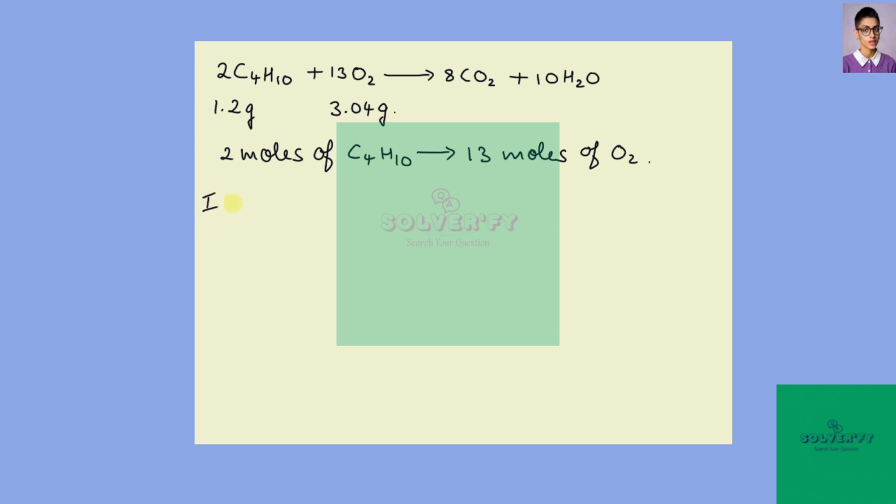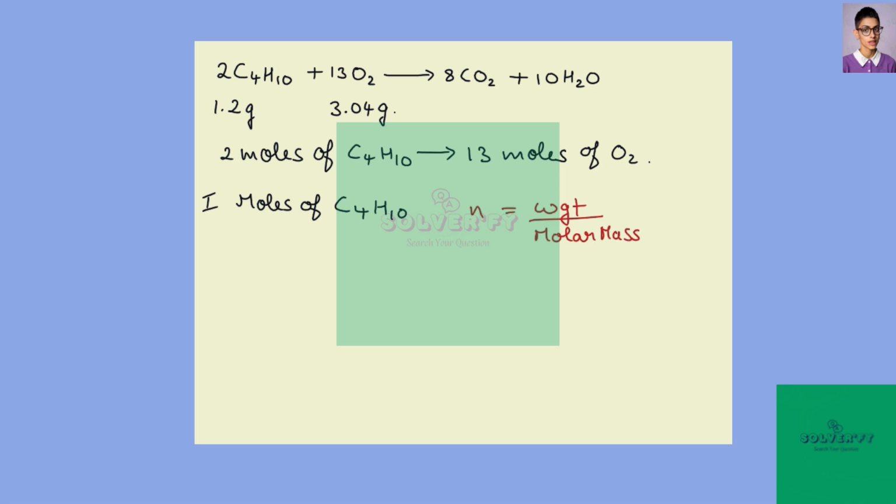So first we'll be calculating the moles of butane, C4H10. The number of moles, denoted by n, is equal to the weight upon the molar mass.